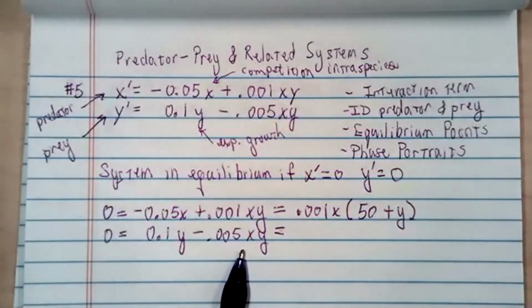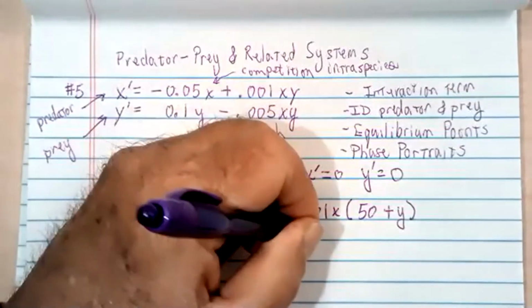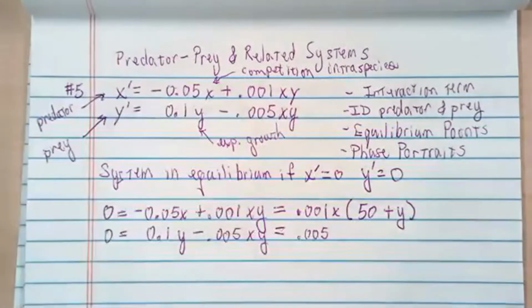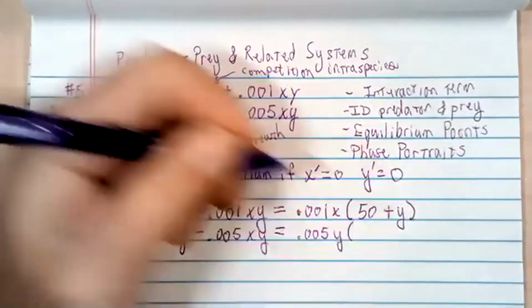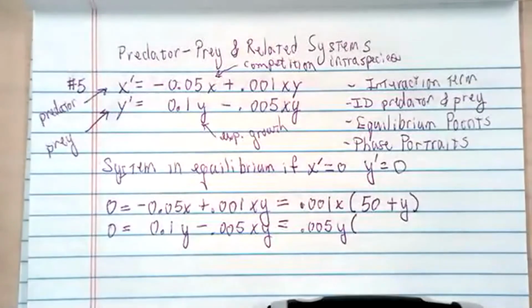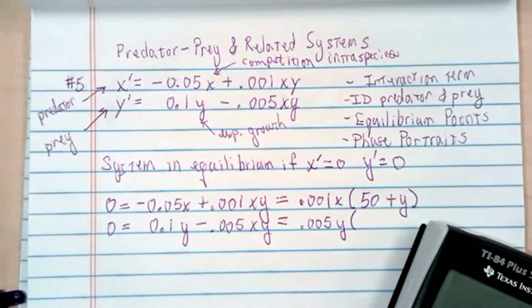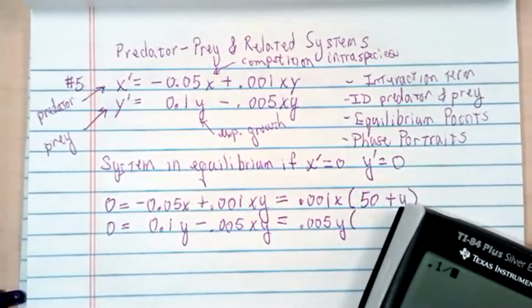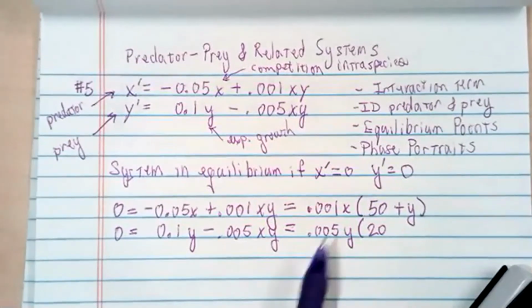I'm going to divide out the 0.005, and there's a common Y, so I'll take a Y out. And in this case, I suppose I can figure it out, but this is why we have machines. So I have 0.1, and I want to divide that by 0.005. And I get 20. And I've taken off the Y.